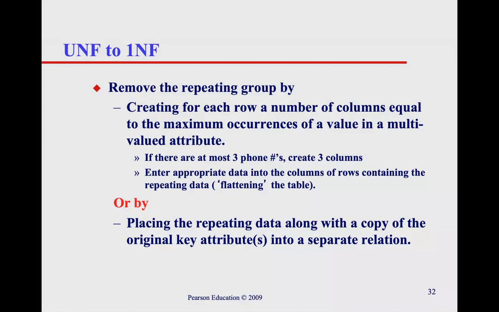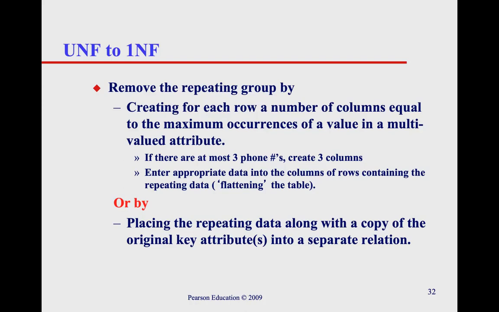There's a TV show about a family here in East Tennessee that has something like 15 children. So in this case, without even a feasible upper bound on the maximum number of occurrences of that attribute, you can't even resort to creating some number of columns for it. The only real solution is to move that repeating data into a separate relation.